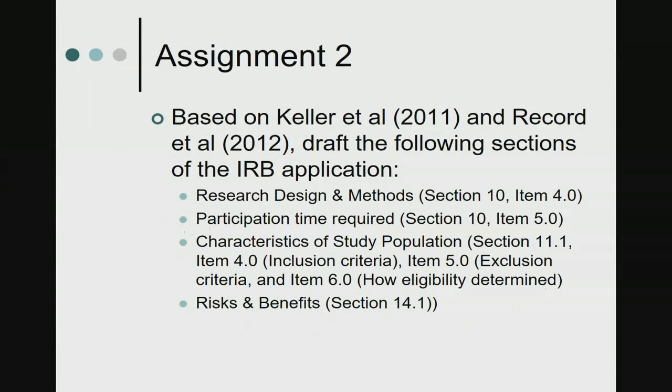And what are inclusion and exclusion and eligibility determination? How is that done? And what are the risks and benefits? Each of these sections should be three or four sentences in a paragraph. These aren't long. But from having read through those papers, you should know who these folks are. I've tagged it as being due on Monday.